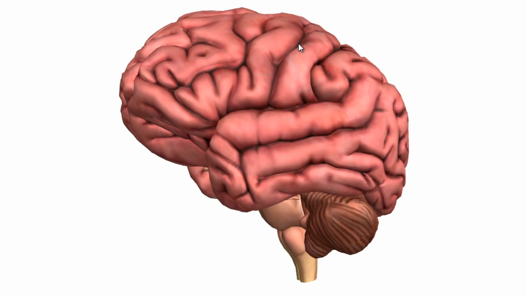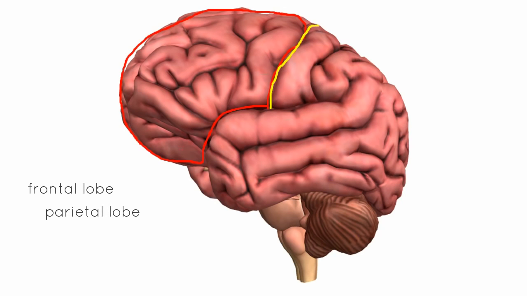So you've got 4 lobes of the brain which are separated by various grooves. So anterior to the central sulcus, which I'm drawing along here, you've got the frontal lobe, because it sits behind the frontal bone of the skull. So this is the frontal lobe that I've outlined in red. Posterior to the central sulcus, you've got the parietal lobe, and this runs like this. So I'm outlining this in yellow.